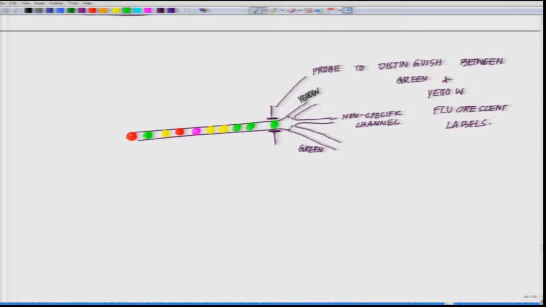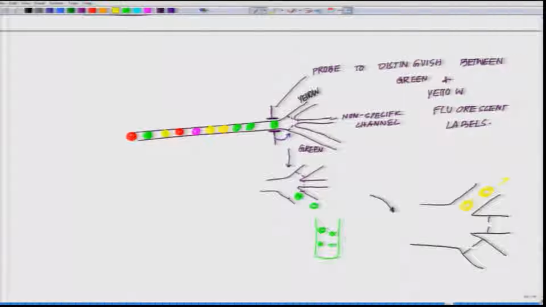As soon as the sensor senses this, it will send a command signal. By the way, there is a third gate here. It will immediately open this gate, and this will remain closed, but this green gate is now open, and this cell will move.